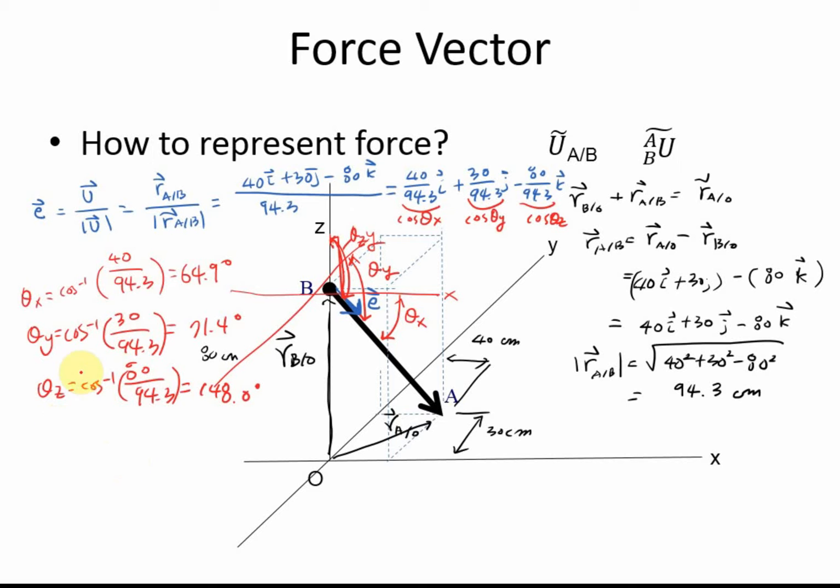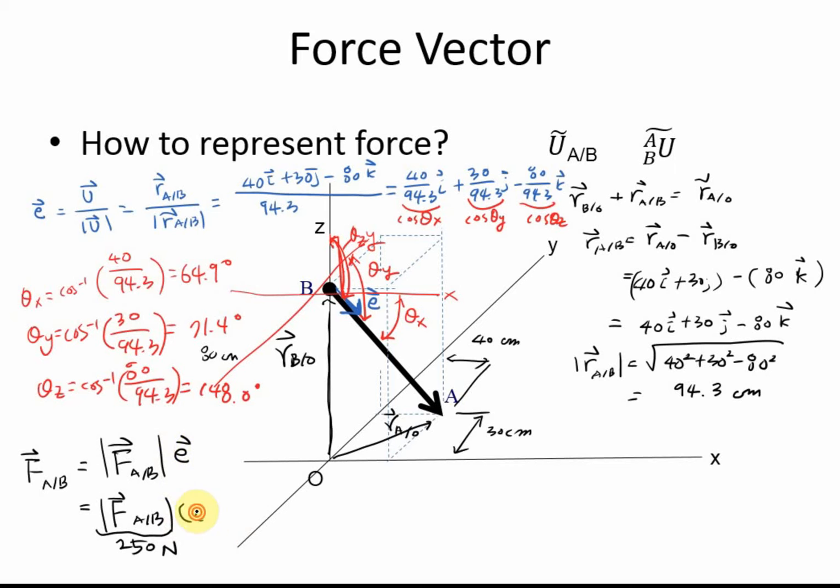So right now we know that this vector actually represents the force, okay? Force on A from B. Then we know that this is the magnitude of the whole thing times the unit vector, okay? And the whole magnitude is already known as 250 Newton. And what is the unit vector?